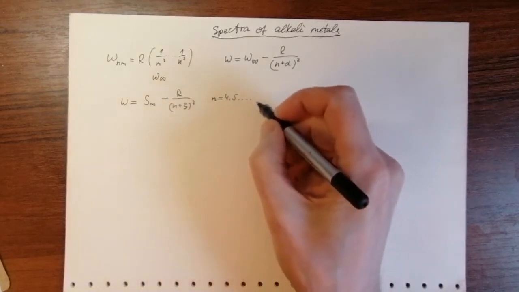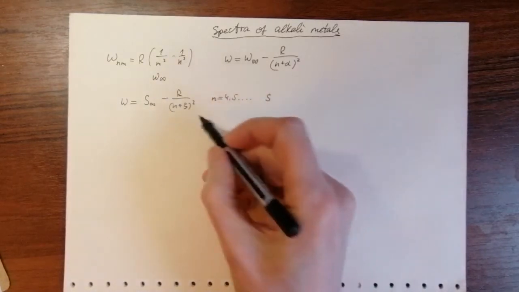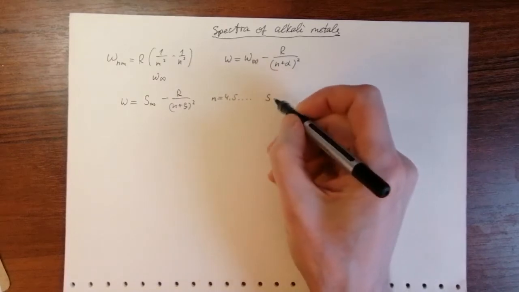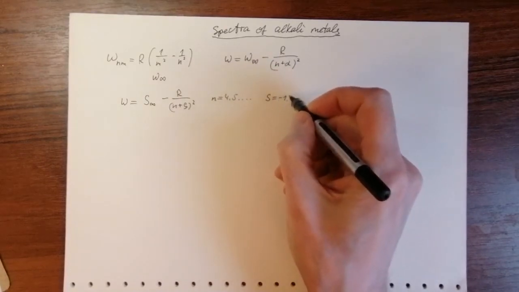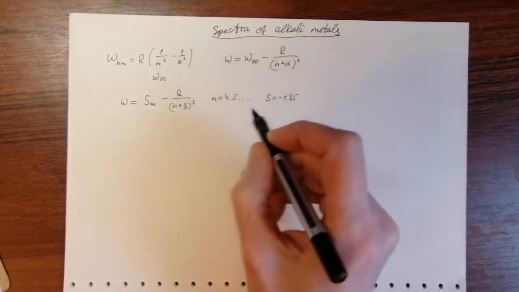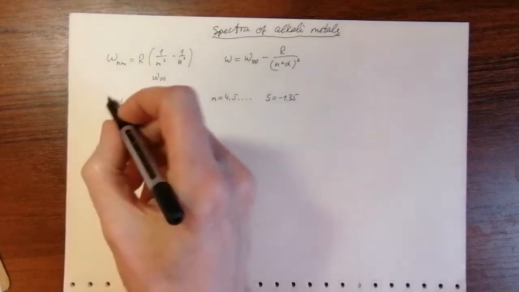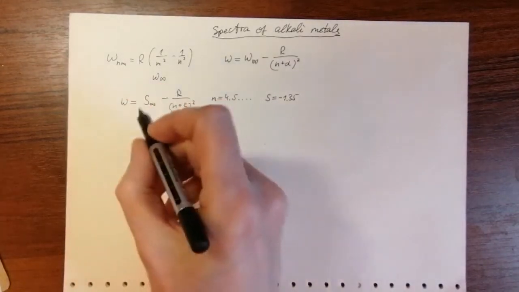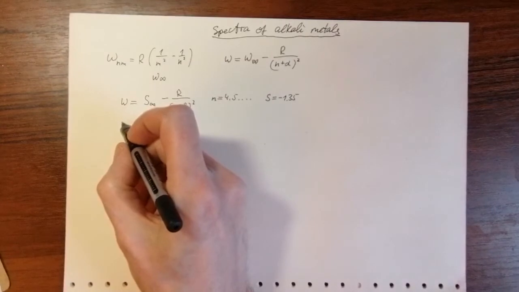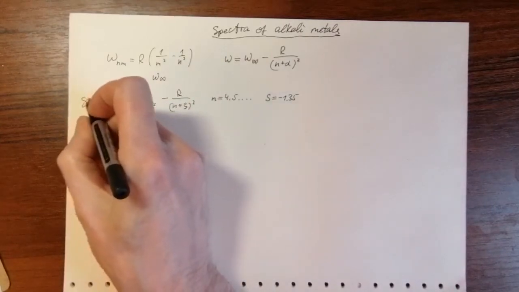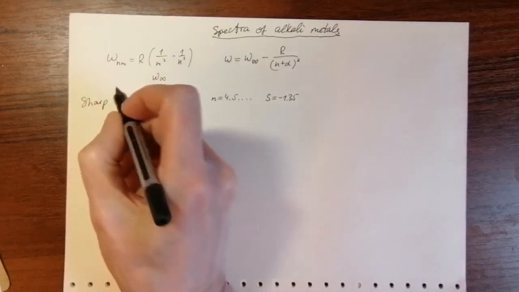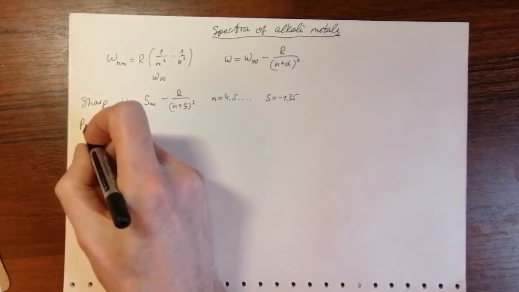In this case, s, which stands for this alpha, is minus 135. This is sharp. Now this is principal.